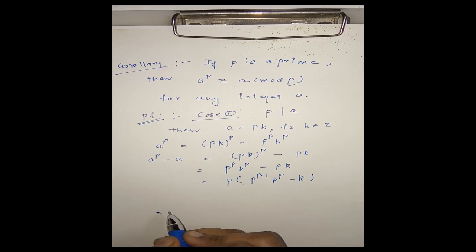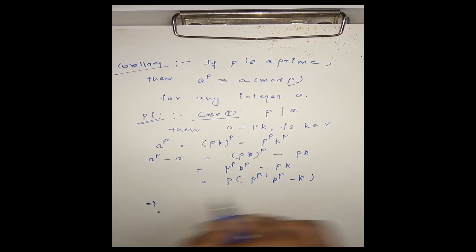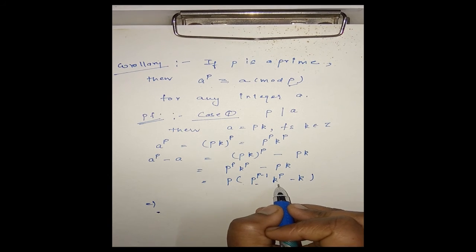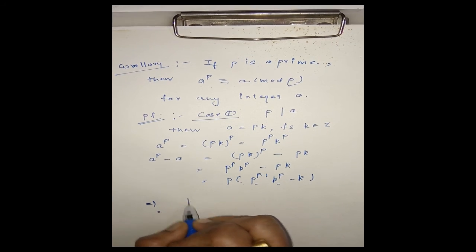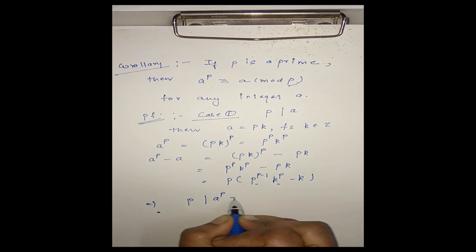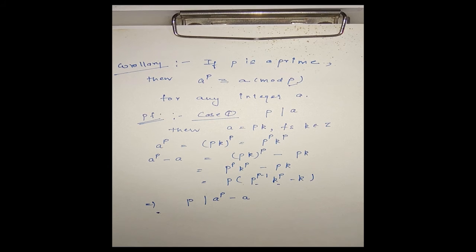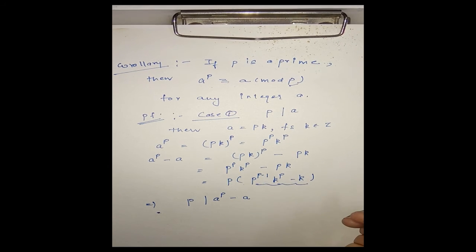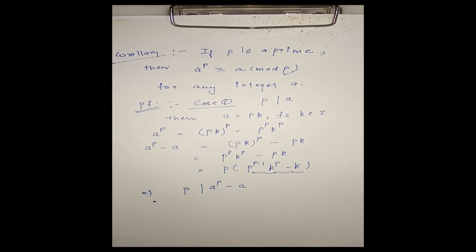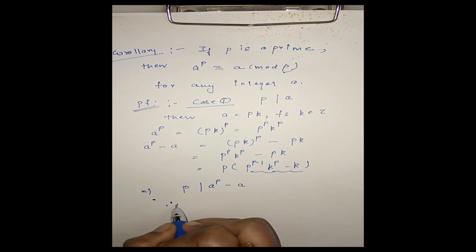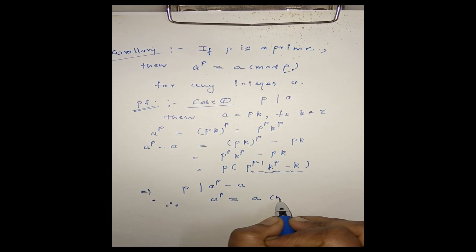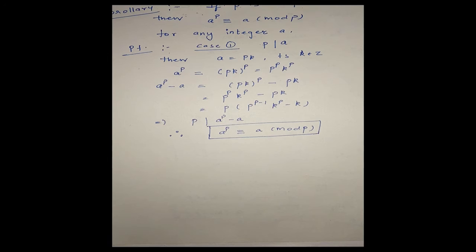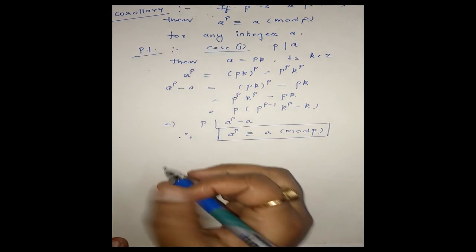Clear? Now since p is an integer and k is an integer, this whole is an integer. So p divides a power p minus a. Therefore, a power p is congruent to a modulo p. Hence, first part is proved.